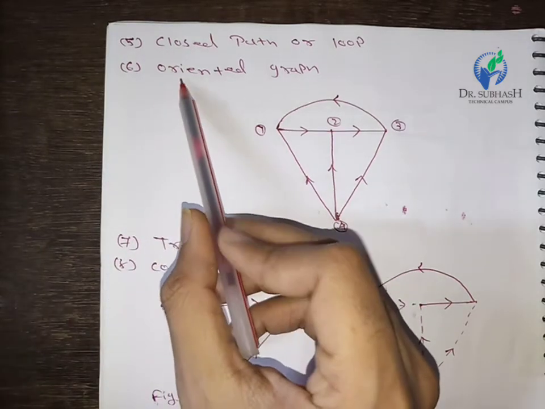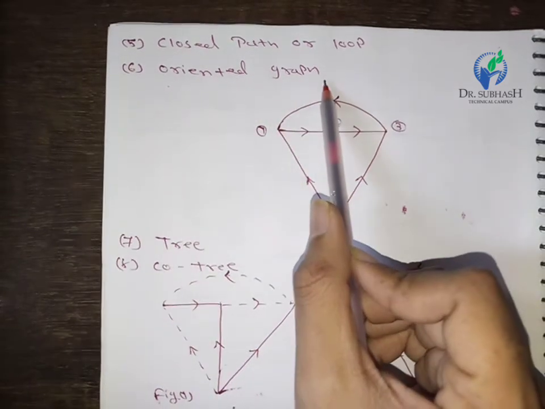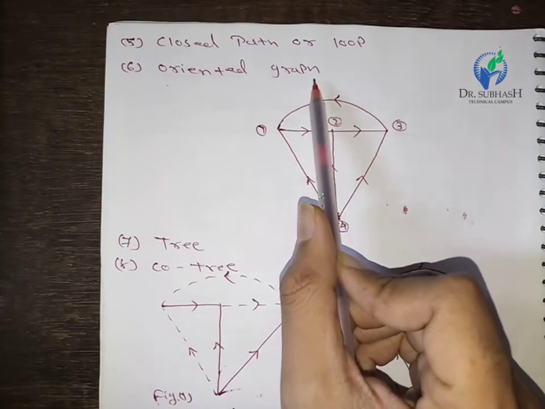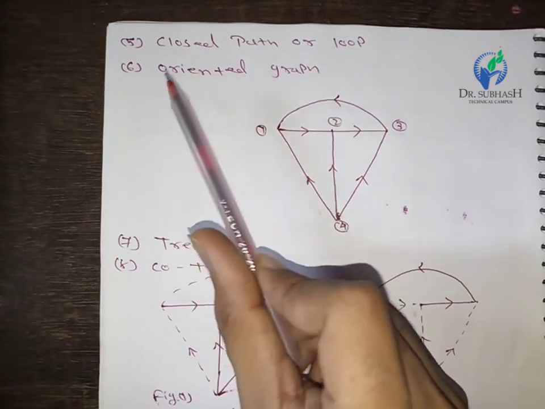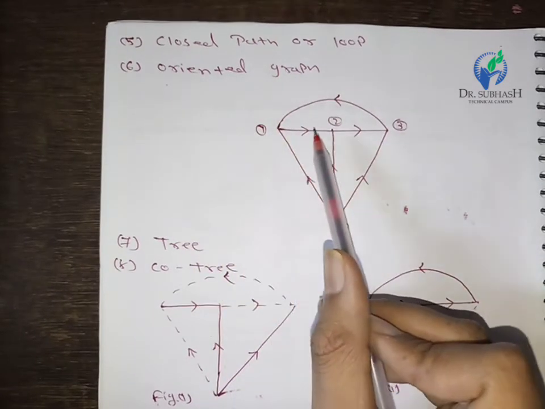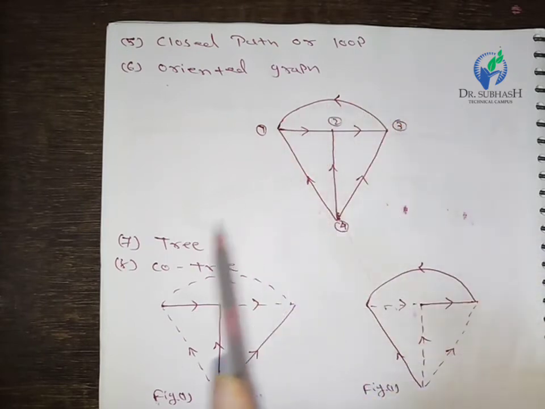The sixth point is the oriented graph. The oriented graph has a direction marked for each element. Oriented means the directions are included in the graph.